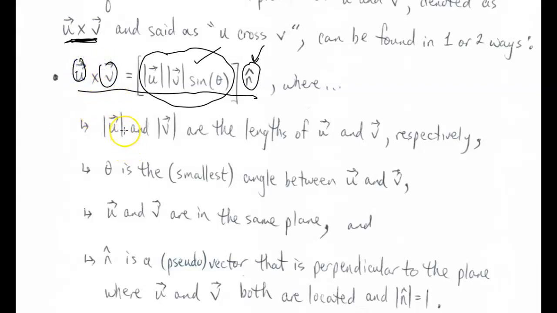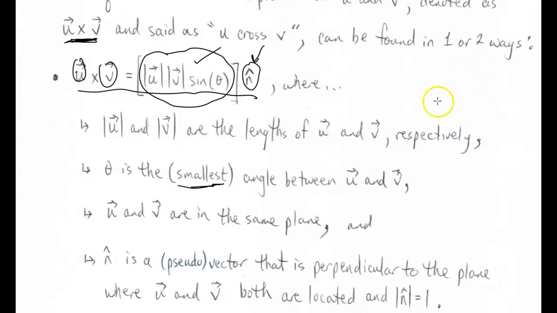Okay. So we also know that theta is, and I put this word in here, the smallest angle between u and v. I say that because we want to make sure that the angle between vectors u and v is between 0 and 180 degrees.